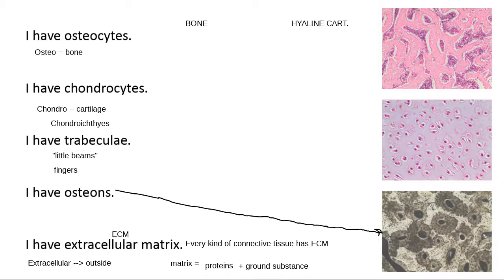So let's start with hyaline cartilage. We'll build this table that you have in your notes, starting with the ground substance. In hyaline cartilage, the name of the ground substance, the stuff that's on the outside of my cells, is called chondroitin sulfate.